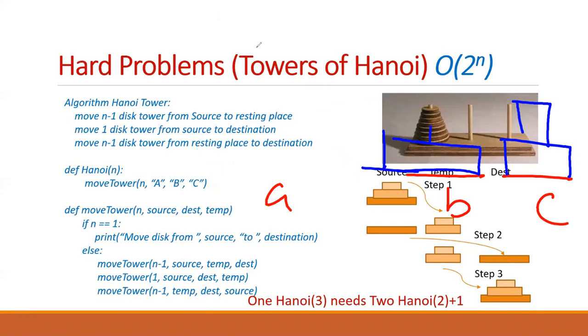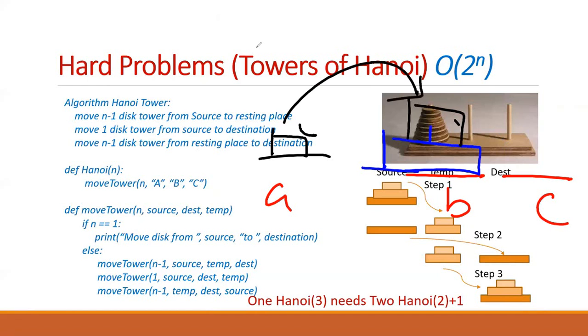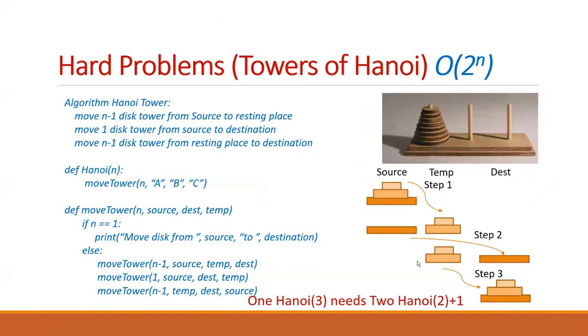Now I'm going to move my C to B. So I need to move this single block to A first. And then I take this one to here. And then I move these two, right? So on the next one, I just move this one back to here. Okay, so recursively, I will be able to move everything to B if B is my destination.